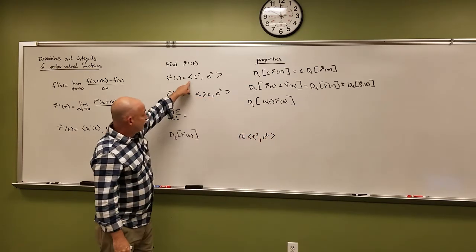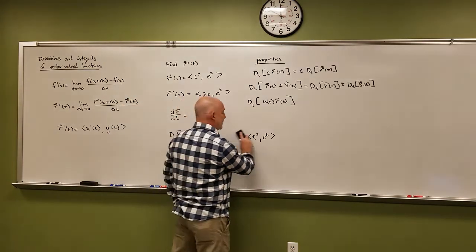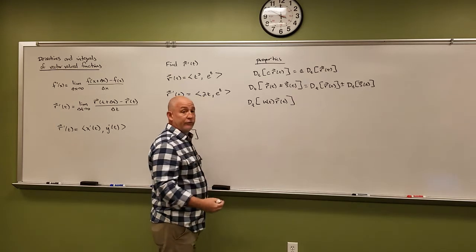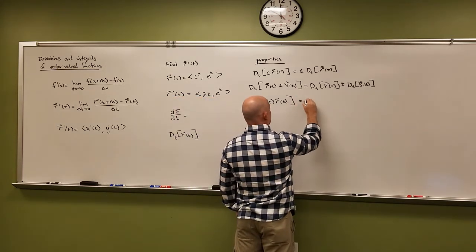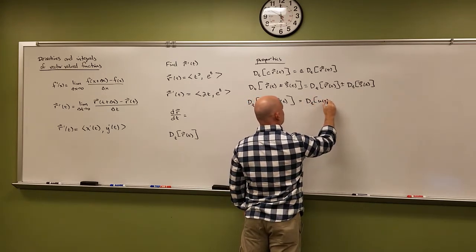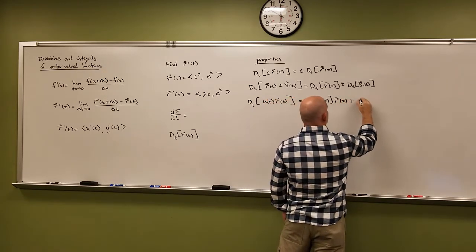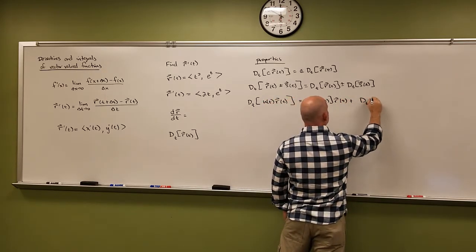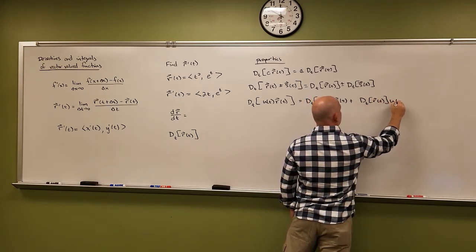That's just this function times the square root. So, since that's still multiplication, your product rule still applies. So you do the derivative of one at a time and then find the sum. So that's going to be the derivative of the first function times r of t, plus the derivative of the second function times the first.